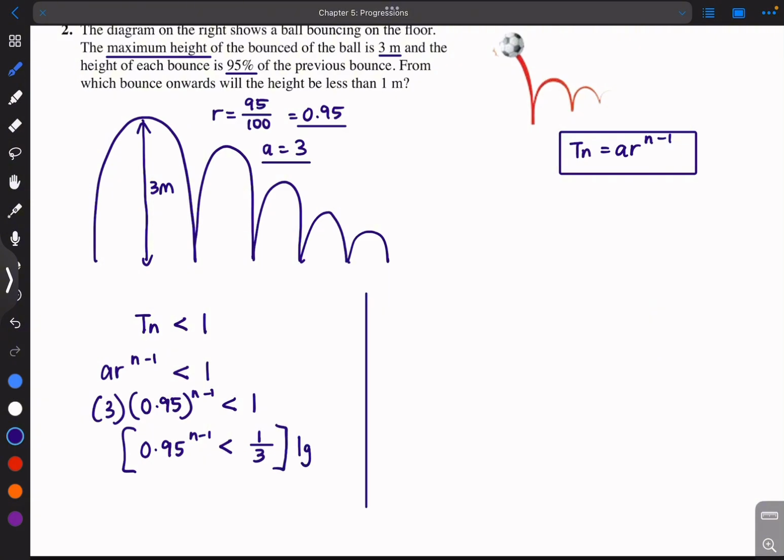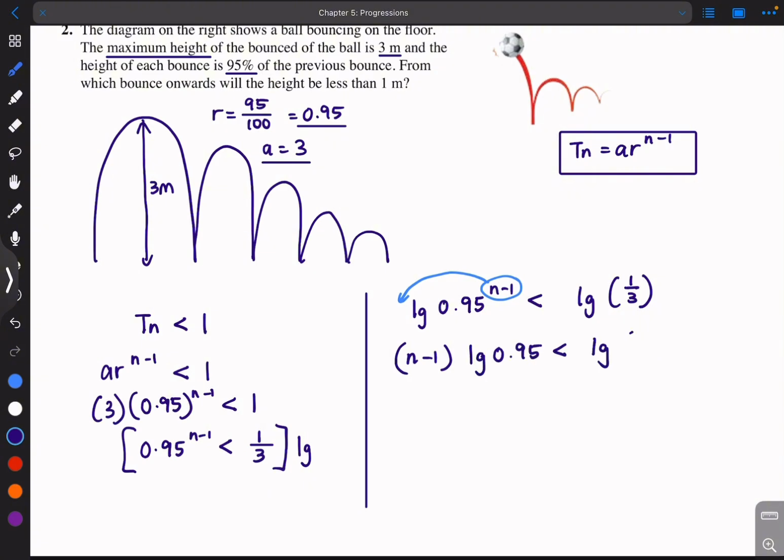We get log 10 of 0.95ⁿ⁻¹ less than log 10 of 1 over 3. Now this power we can bring down. So (n minus 1) log 0.95 is less than log 1 over 3.